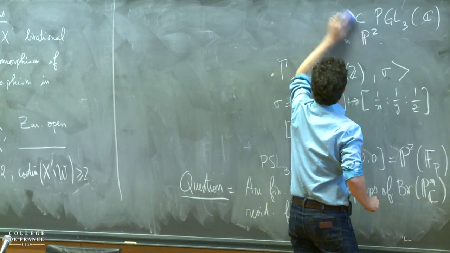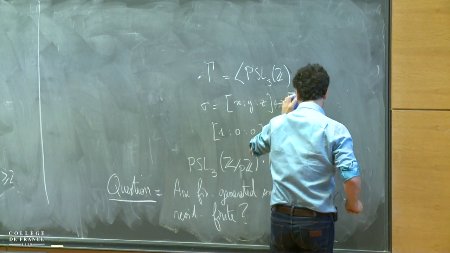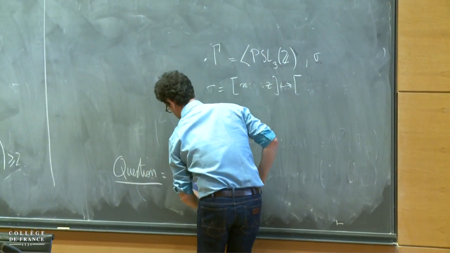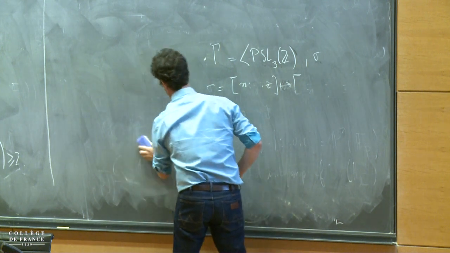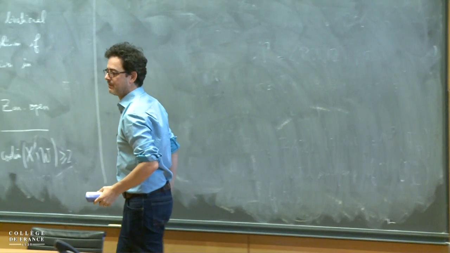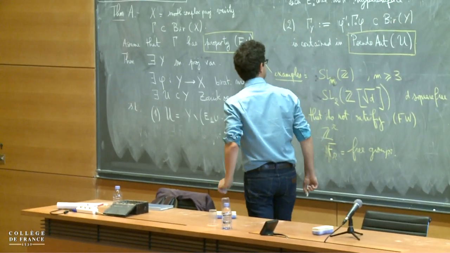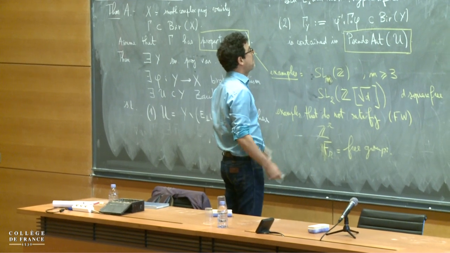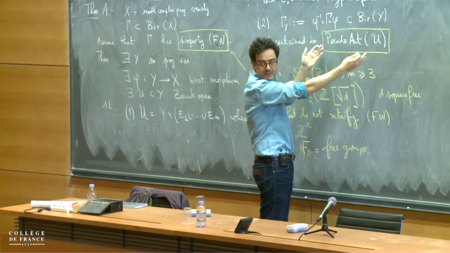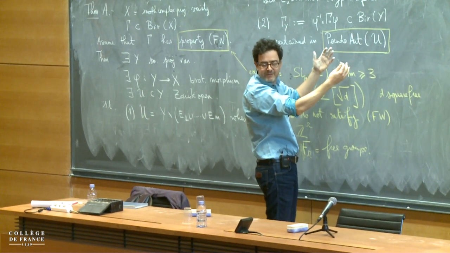Is your conclusion that for your group gamma you have a V and a W which work for every element of gamma? Oh, it's a group. The group is contained in this, so it's uniform. It does not depend on the elements.